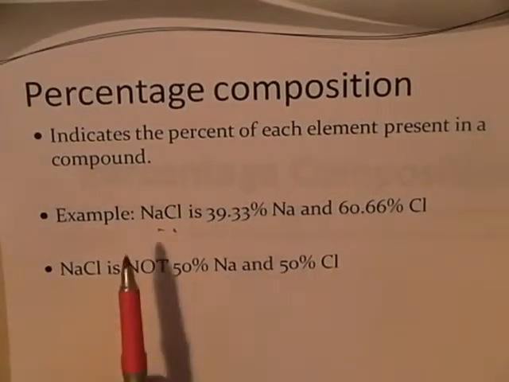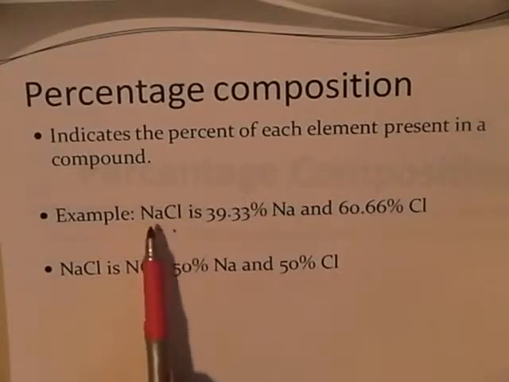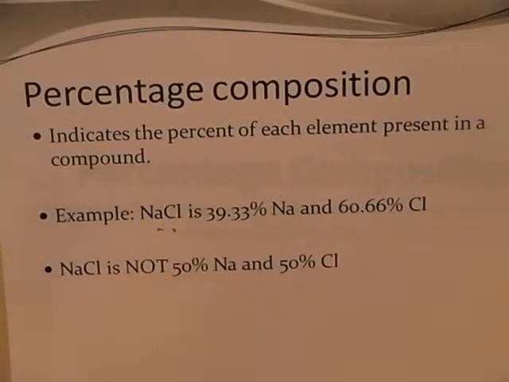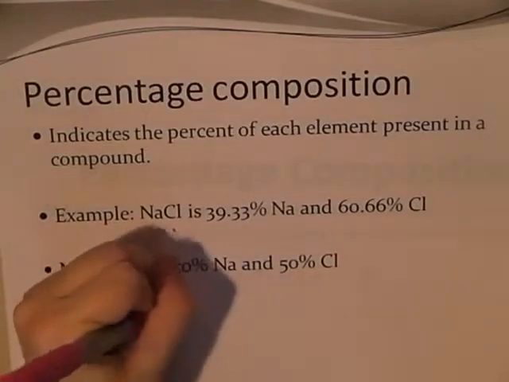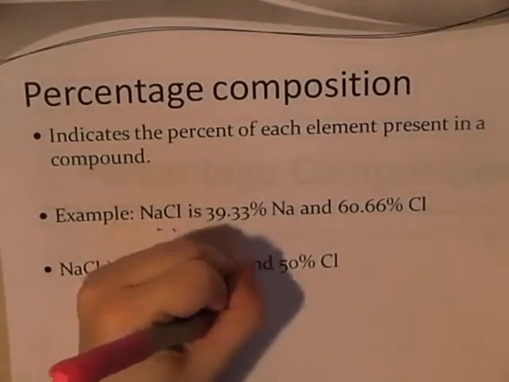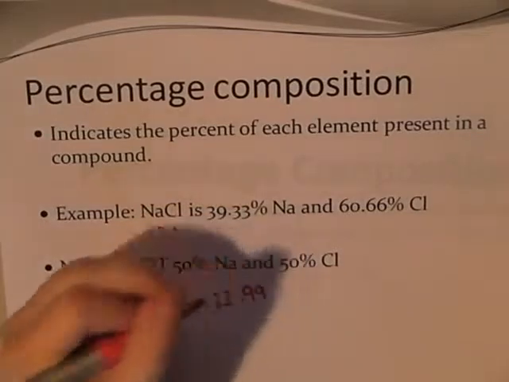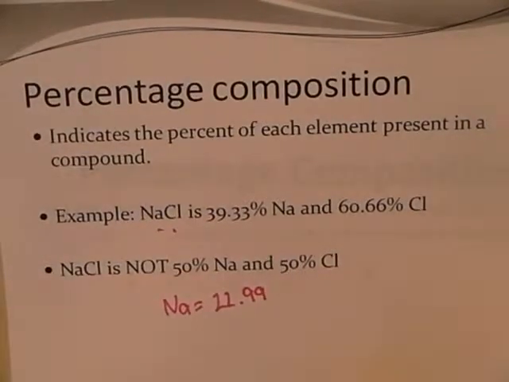We have to take into account the mass of each one of these. Their molar masses have so much to do with it. So you have to think about it. If you look up sodium, sodium is 22.99, I believe. I could be making that up, but I'm pretty sure I remember it being that. I'm going to roll with that.